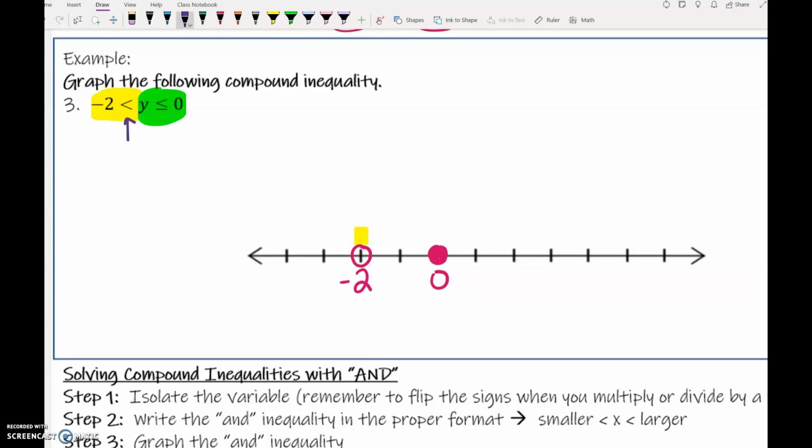So this one is going to be an open circle. This one is going to be a closed circle. Notice that y is in between those numbers. y has to be bigger than -2, smaller than 0. That would be anything in between those two numbers. And inequalities are shaded in the middle in between the two numbers.